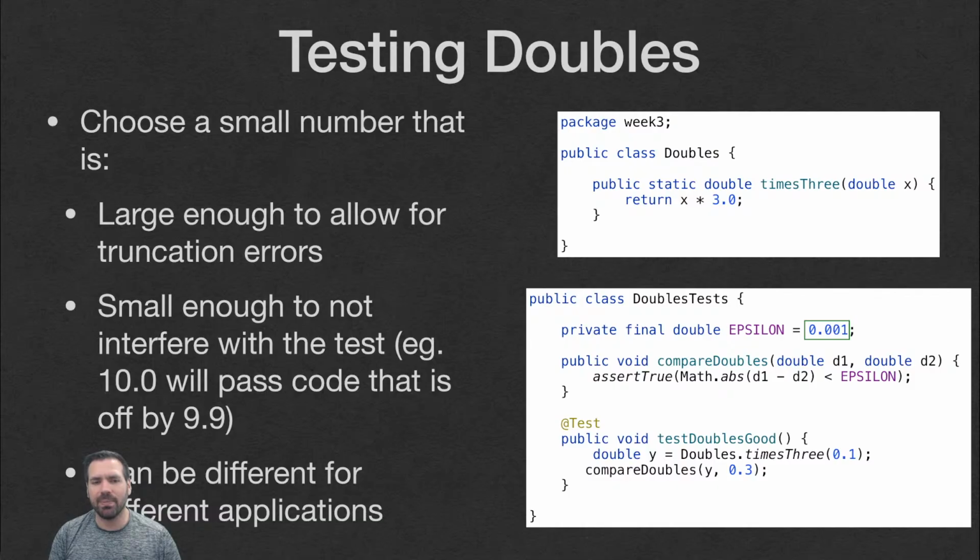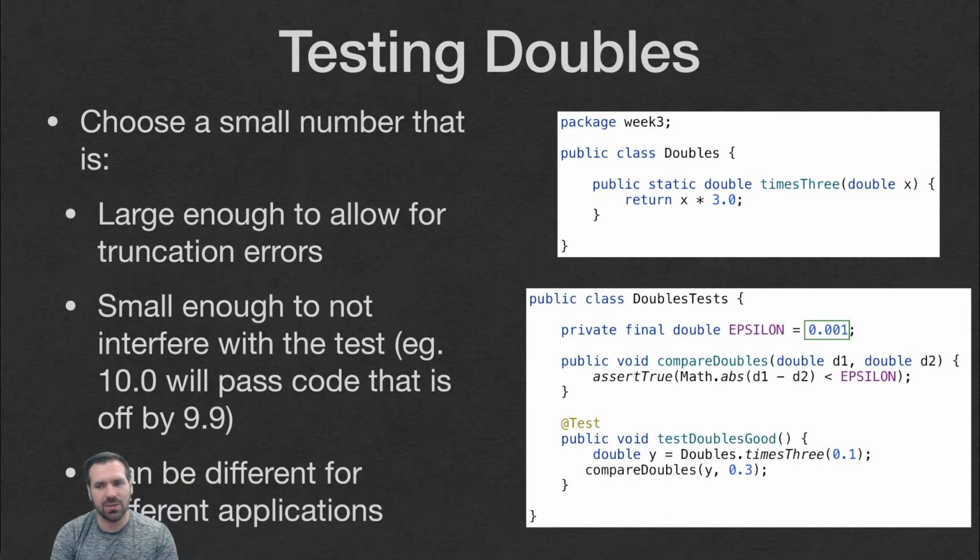But you do want to think about this. Out there in the world, you want to start thinking about what this value should be. How much error can I tolerate and should I tolerate? For example, if you're measuring the distance between atoms, well, for one, you wouldn't really be able to use a double for that anyway, but you would really want to think about what your epsilon should be.